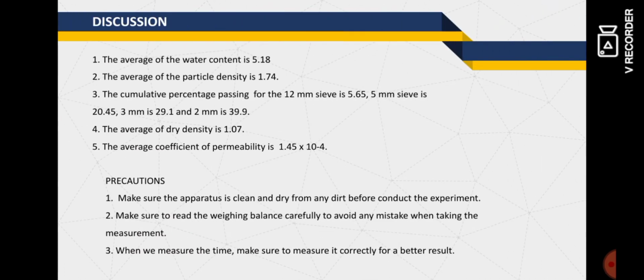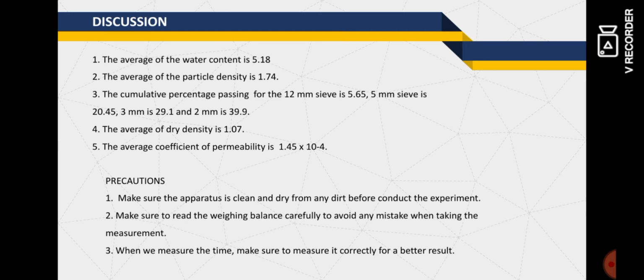The discussion of this experiment is, first, the average of the water content is 5.18. Second, the average of the particle density is 1.74. Third, the cumulative percentage passing for the 12 mm sieve is 5.65, 5 mm sieve is 20.45, 3 mm is 29.1, and 2 mm is 39.9.